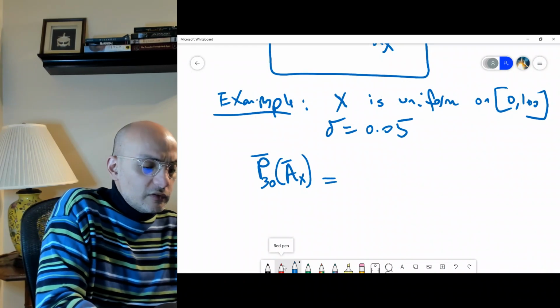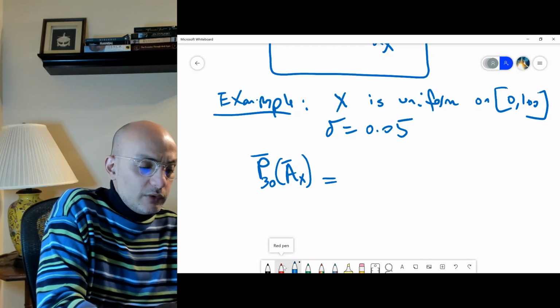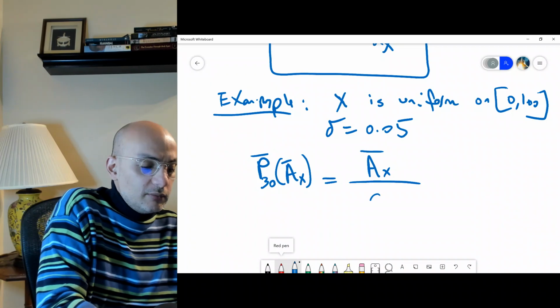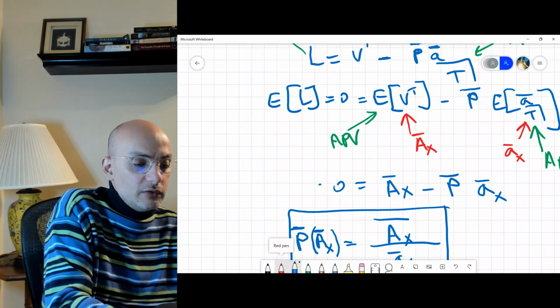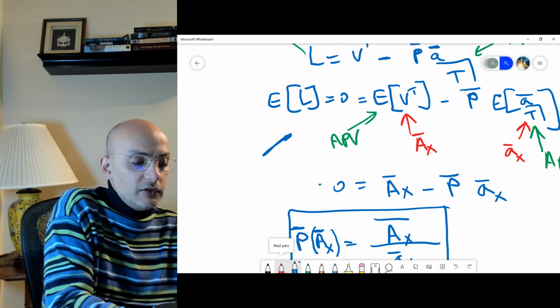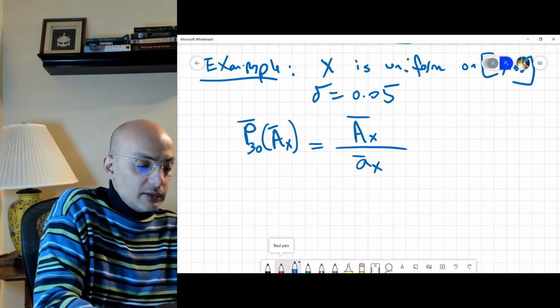So always we write the formula, and then we see what is missing. So we have A-bar X, the insurance, divided by the annuity. You don't need to derive it because we know it, but if you don't know it, then we can derive it from here.